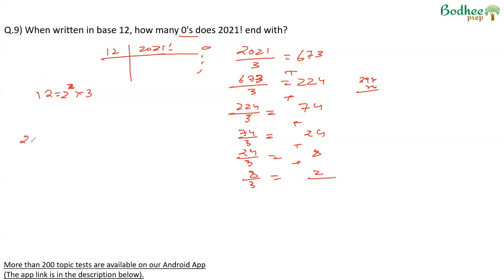So 2021 factorial has the power of 3 as 1005.